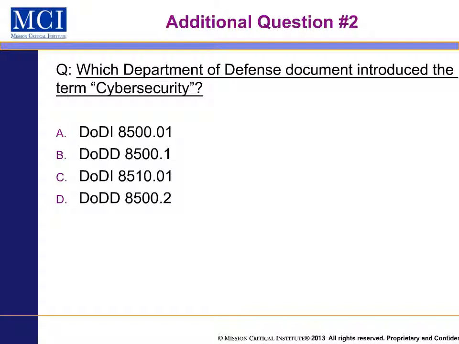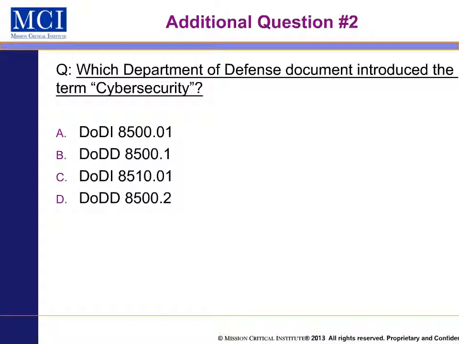If we start with answer B, DoD 8500.1, the title of that document is Information Assurance, and this was the policy document that described the old Department of Defense Information Assurance certification and accreditation process, formerly known as, well, still known as DIACAP.